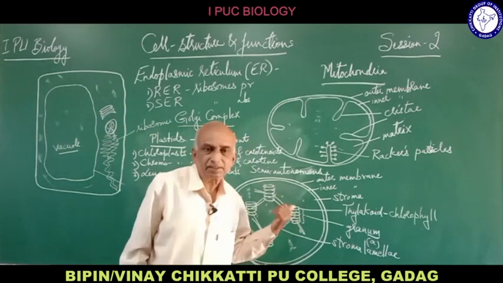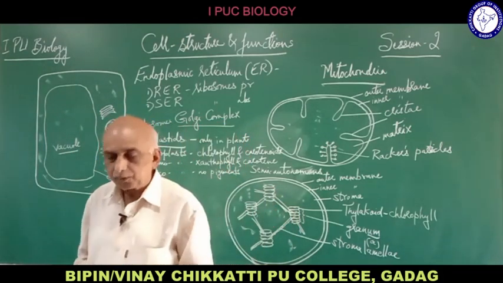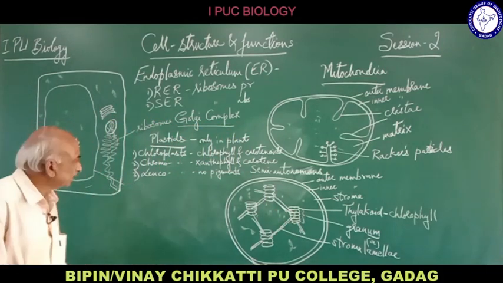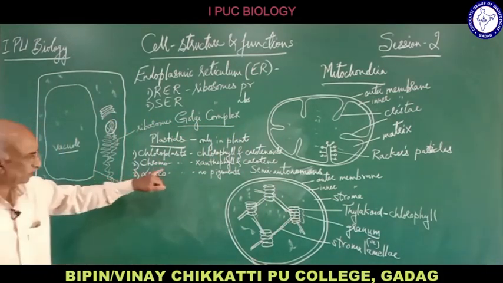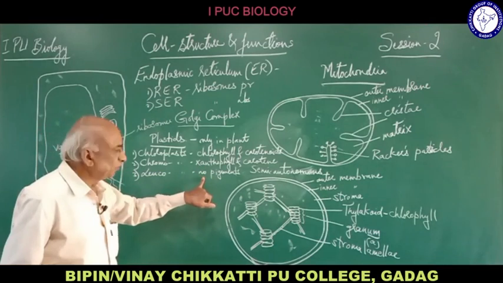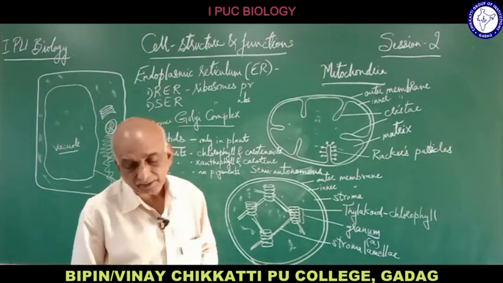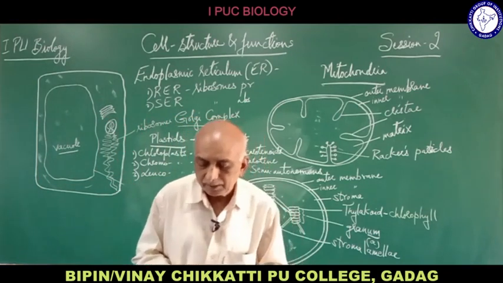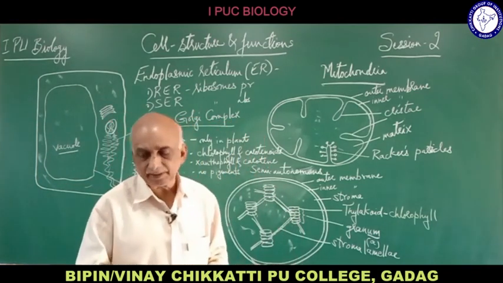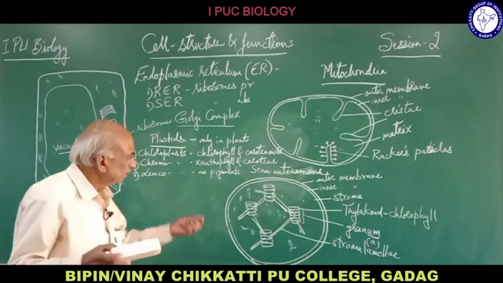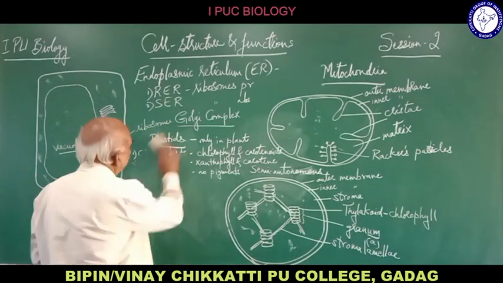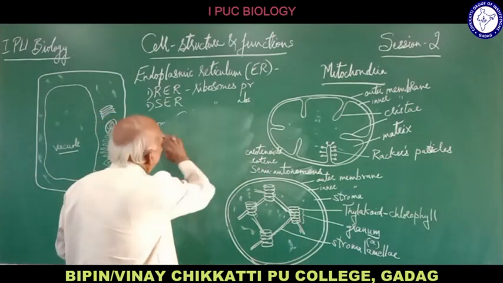Chloroplasts are involved in photosynthesis, but chromoplasts are not, because they contain other pigments. Leucoplasts have no pigments, so they are purely storage in function. That is the function of chloroplasts, which are present only in plant cells.